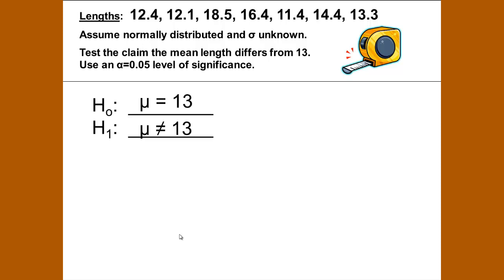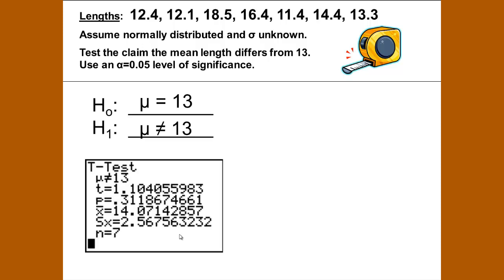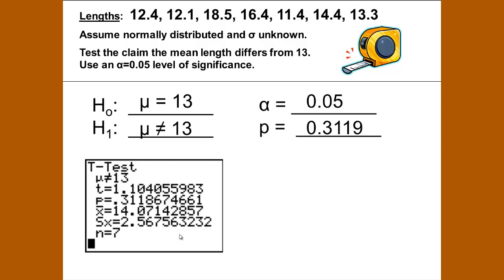And since we do not reject, let's go through a quick summary of our results. We have our null, the mean equals 13, and the alternate, the mean doesn't equal 13, and our test results from the t-test. That gives us an alpha of 0.05 and a p-value of 0.3119.